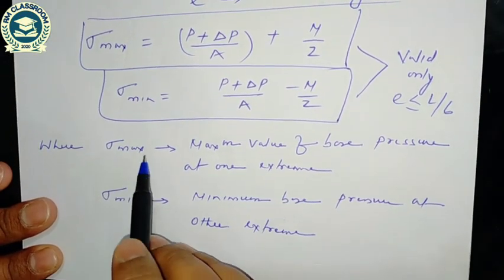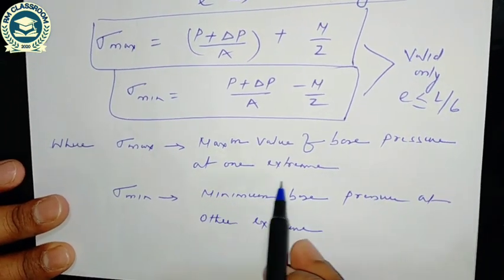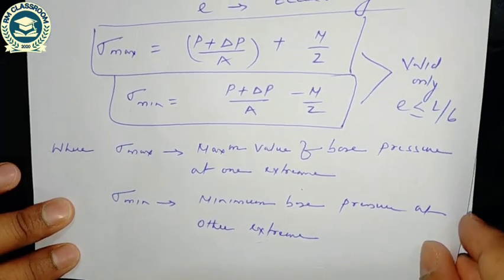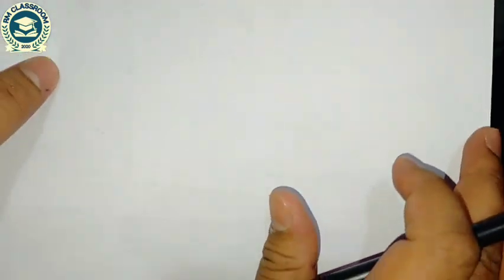Here sigma max is the maximum value of base pressure at one extreme and sigma minimum is the minimum base pressure at the other extreme. So let us draw the distribution of this stress at the base of the footing.